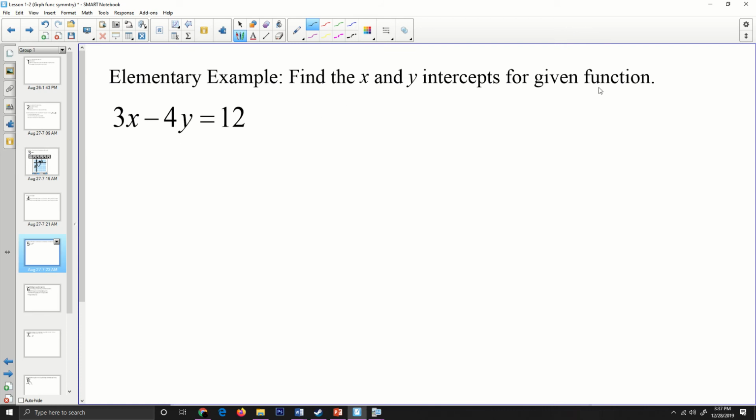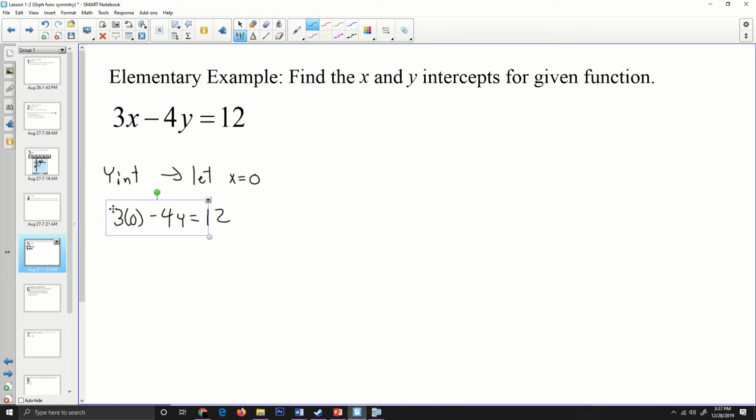We can find the x and the y-intercepts of this particular function by leveraging the fact that if I want to find the y-intercept, I'm going to let x equal 0. If I do that, I'll have 3 times 0 minus 4y equals 12.